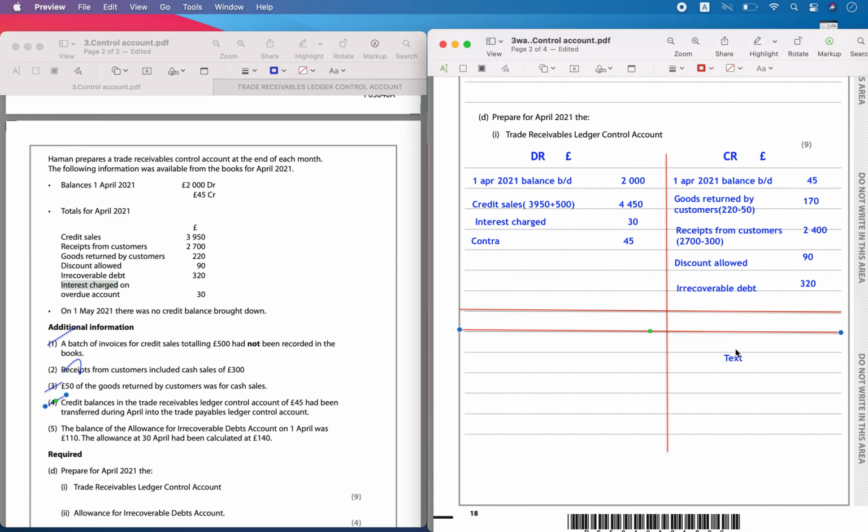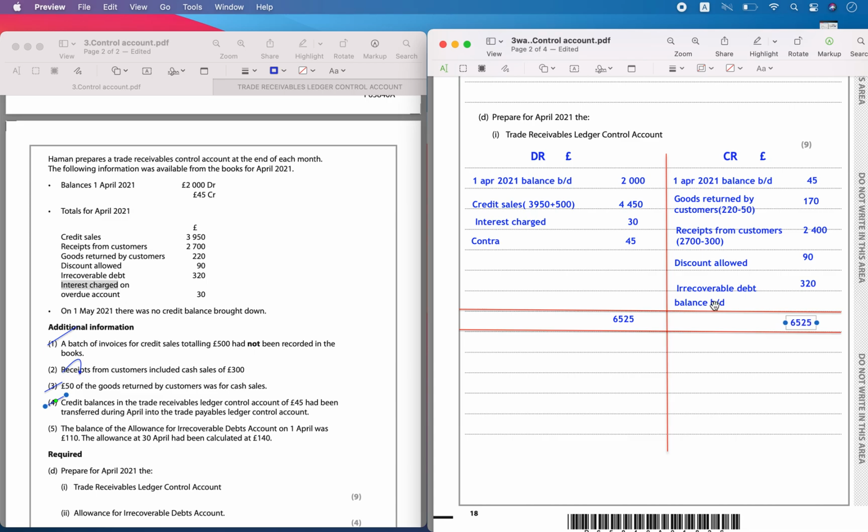So the balance brought down for this will be equal to, so here let's add up all this. This value is going to be equal to 4450 plus 30 plus 45 plus 2000, that is equal to 6525.